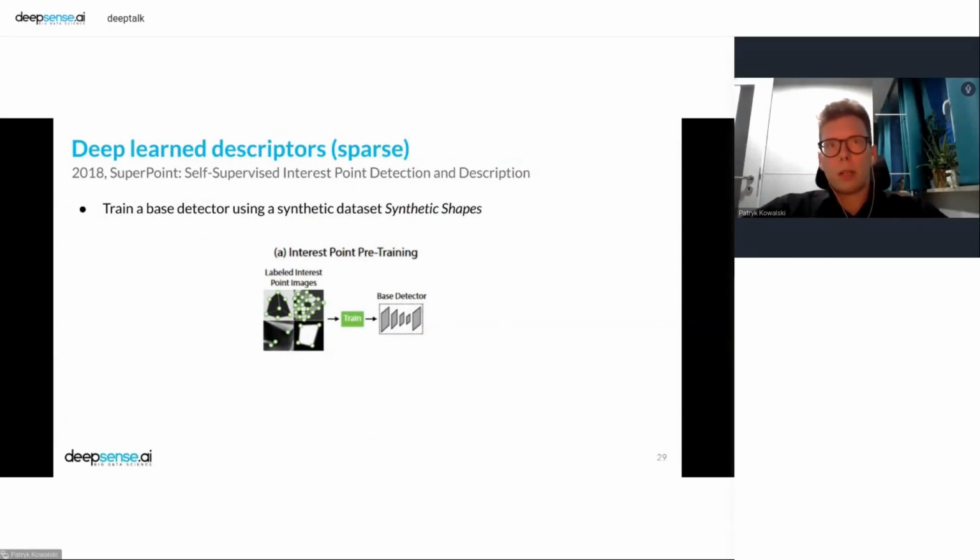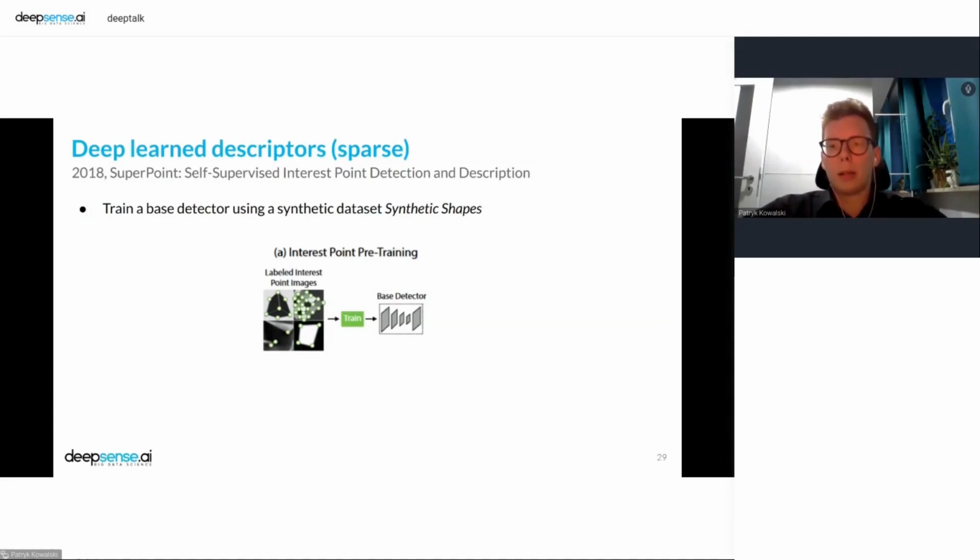The first one is about the base of this whole key point idea, because a key point is semantically ill-defined. It's not like face landmarks, where we do have a nose and ears, and we can get a human annotator to mark them on an image. In this case, we don't know what a good key point is, because it is good if it's good for matching, but we don't know what that means as humans.